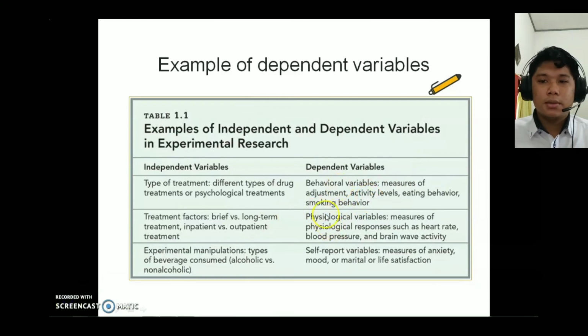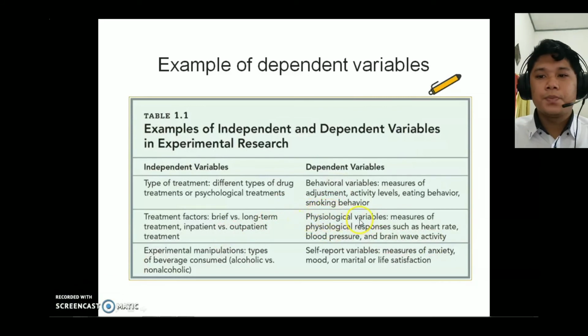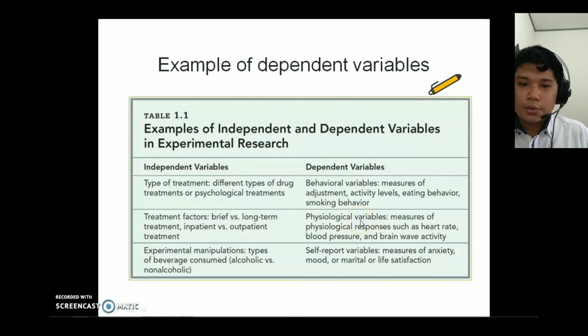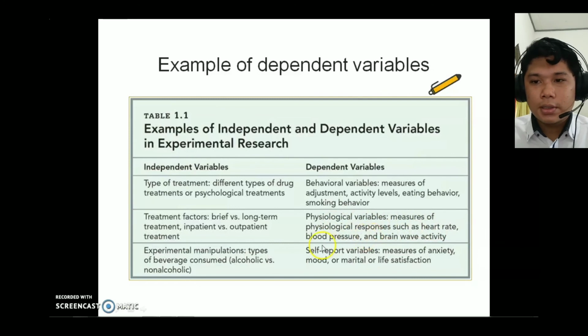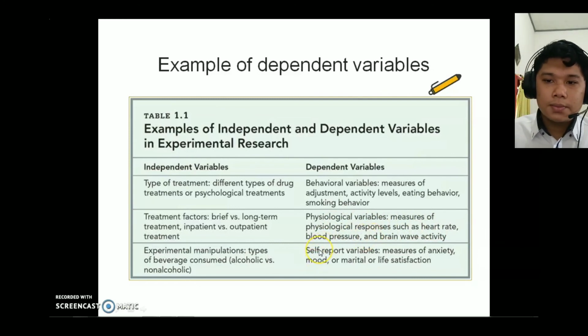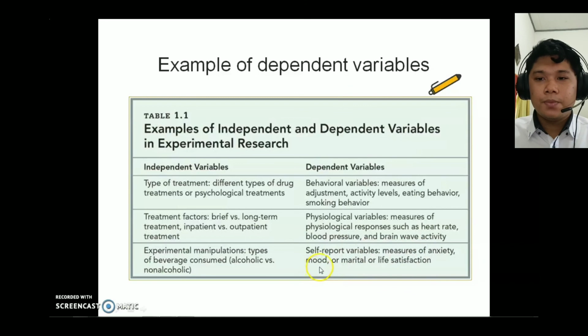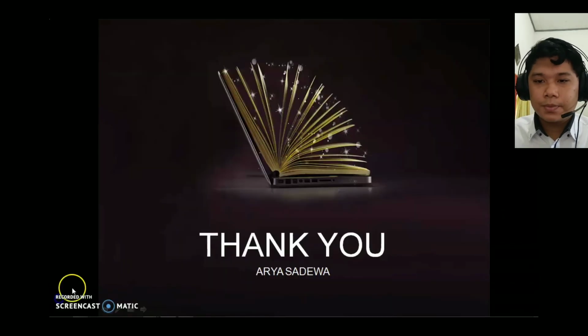The second example is sociological variables, like measures of sociological responses such as heart rate, blood pressure, and brain wave activity. And the third, self-report variables, like measures of anxiety, mood, marital, or life satisfaction.